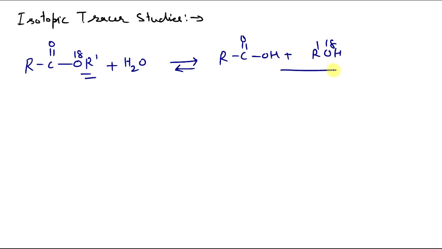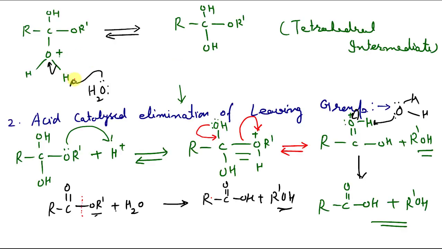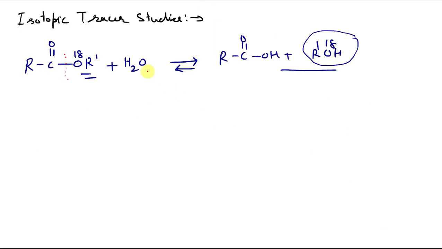This was observed experimentally, that this labeled oxygen went to the alcohol. So it is only possible if this bond gets cleaved, and from this mechanism you can also see this bond is getting cleaved. That is why we can validate this mechanism using these isotopic tracer studies.